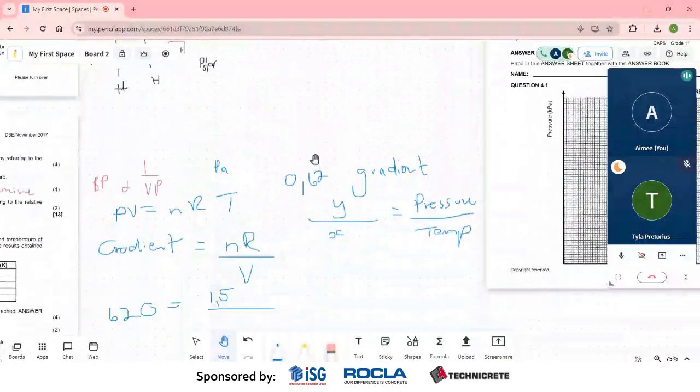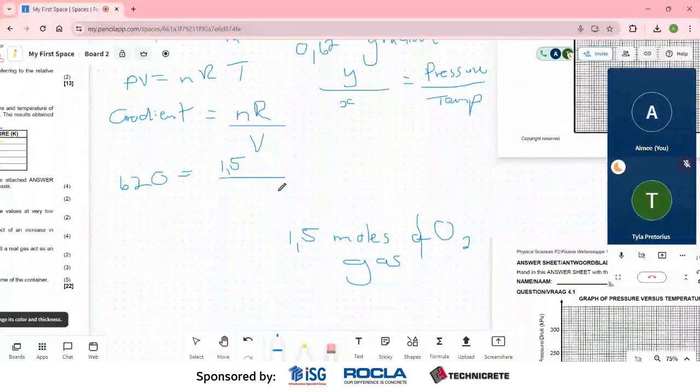So we go down, we multiply by 8.31 over the volume.